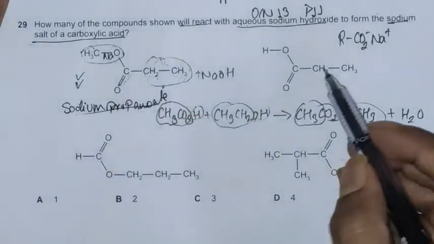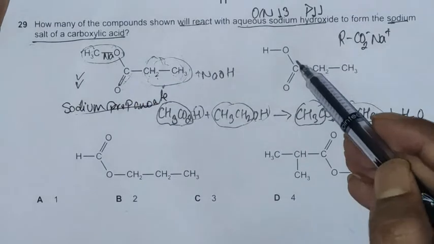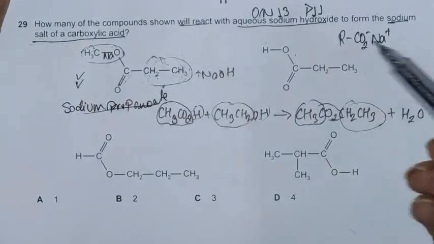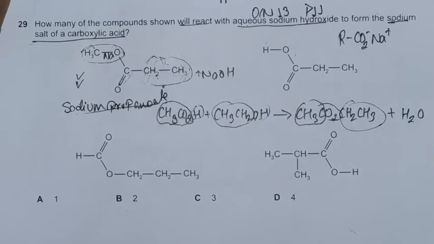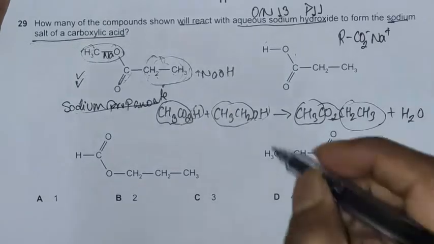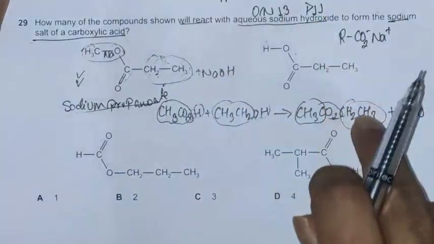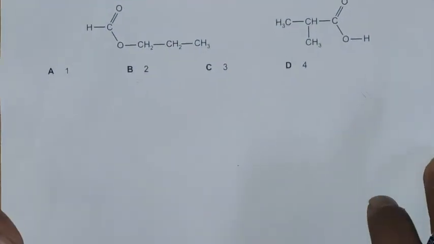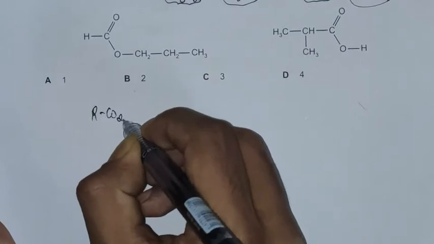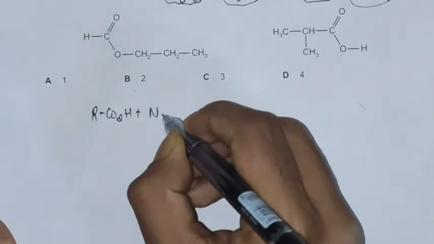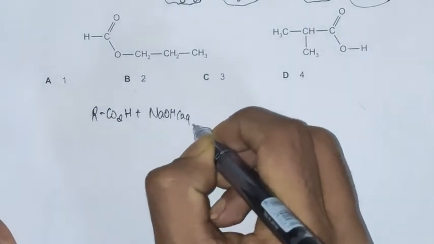This is the first one. The second one is a carboxylic acid, and we have to form the sodium salt of the carboxylic acid by reaction with aqueous sodium hydroxide. The general reaction is RCO2H plus NaOH, aqueous, as given in the question.